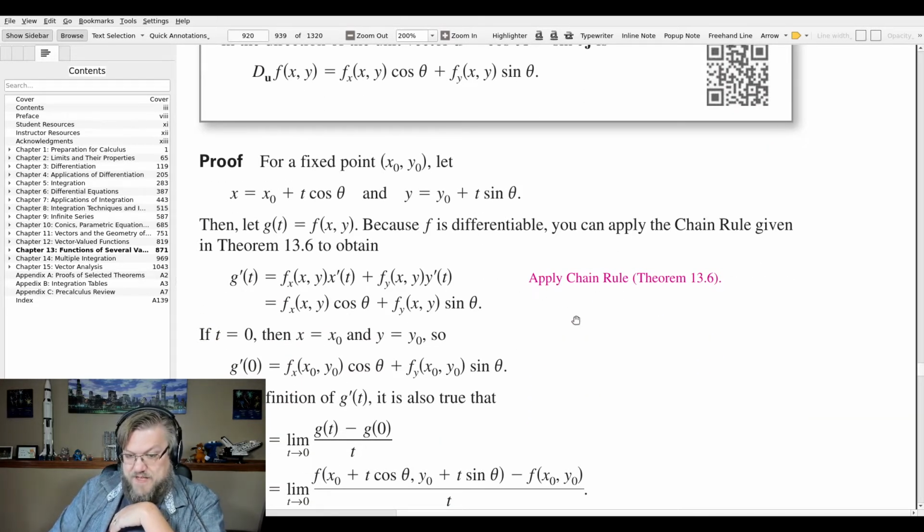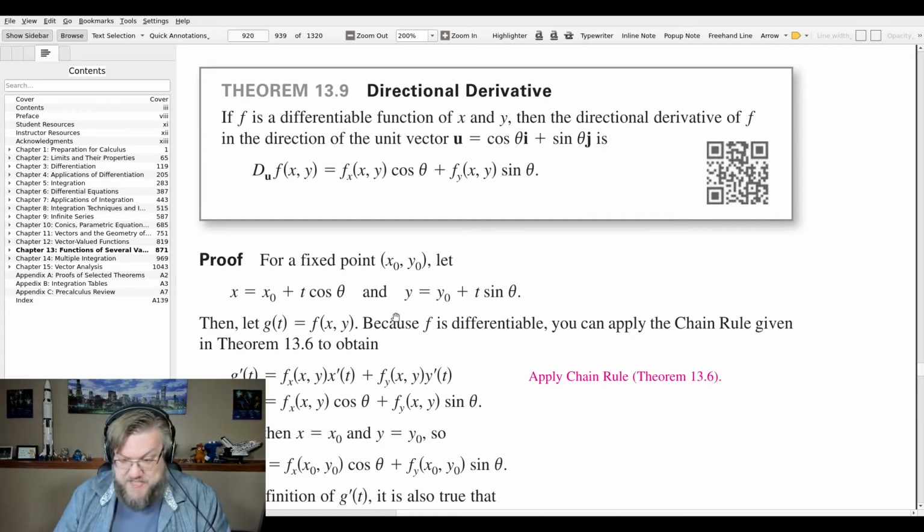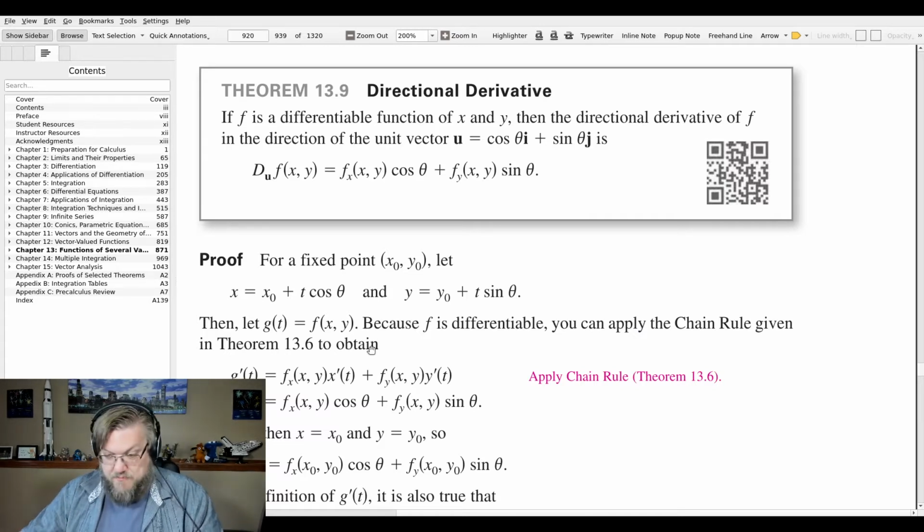Apply the chain rule. So thank you very much, chain rule, because the chain rule is true. It allows us to go from this sort of parameterized line that they worked on here to get a nice format for this and to get this in terms of partials. So for our purposes, we will take advantage of that, not think too hard about the directional derivative definition, because our purpose here is calculation for now, right?